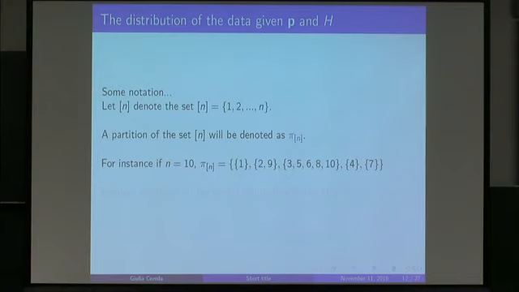Just a little example: if n is equal to 10, then a partition of the integer numbers from 1 to 10 is a set of subsets of this initial set, disjoint, and the union of which forms the initial set. In particular, we will use random partitions, which will be denoted as uppercase pi n.